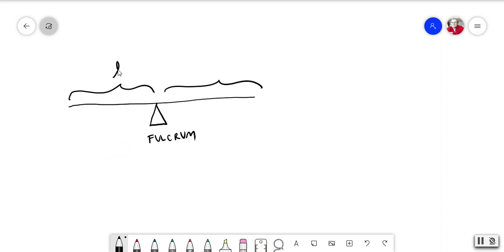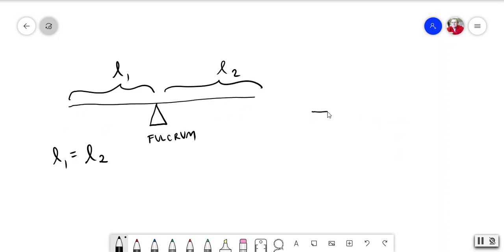So if I call this L1 for length 1, and I call this L2 for length 2, they're about equal. So the only thing that would affect the forces would be the weights of the persons sitting on it. If I had a very heavy person on one end and a very light person on the other, the heavy person will produce more force, obviously.